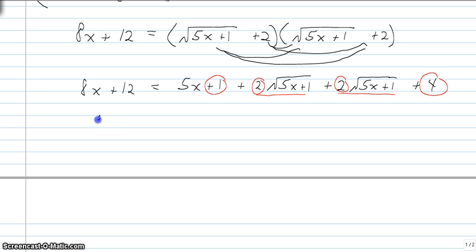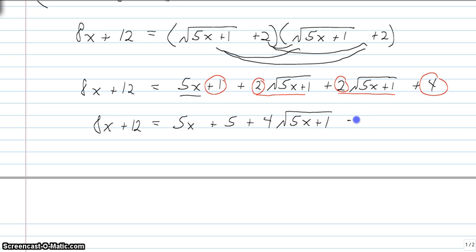We still have 8x plus 12 on the left. It's going to give us 5x, we still have this 5x in the front there, 1 plus 4 is 5, and 2 of these plus 2 of these gives us 4 radical 5x plus 1.